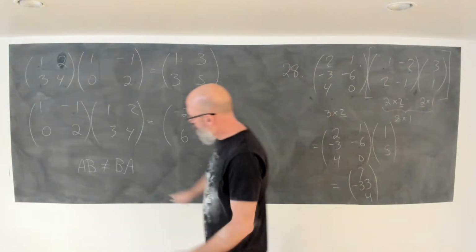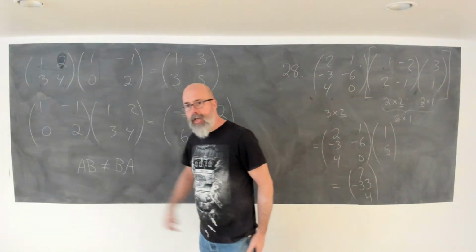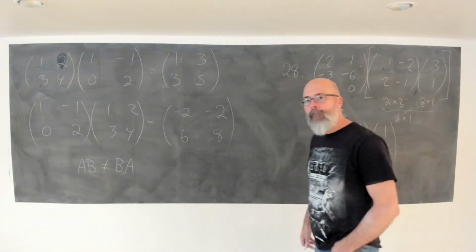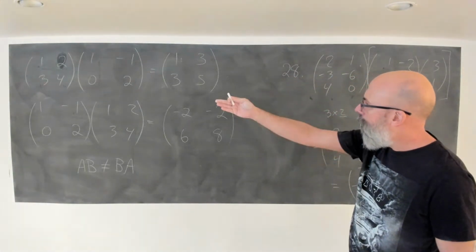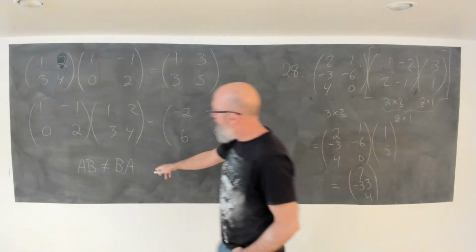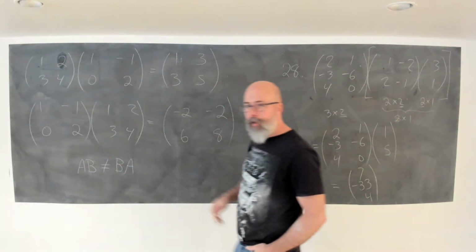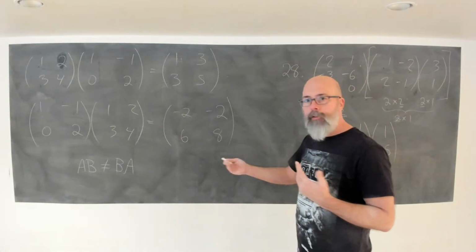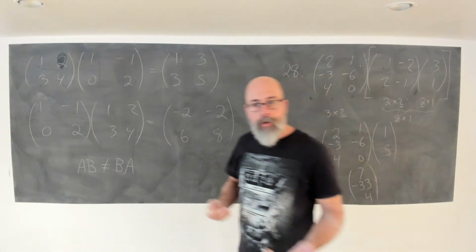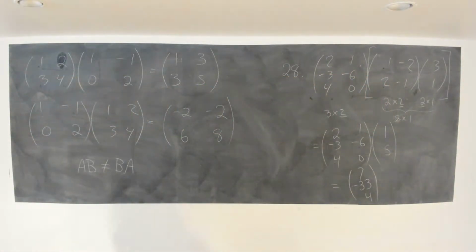A times B is not necessarily the same as B times A. Here, AB and BA are both defined, but in fact, one product may be defined, whereas the other is not necessarily defined.